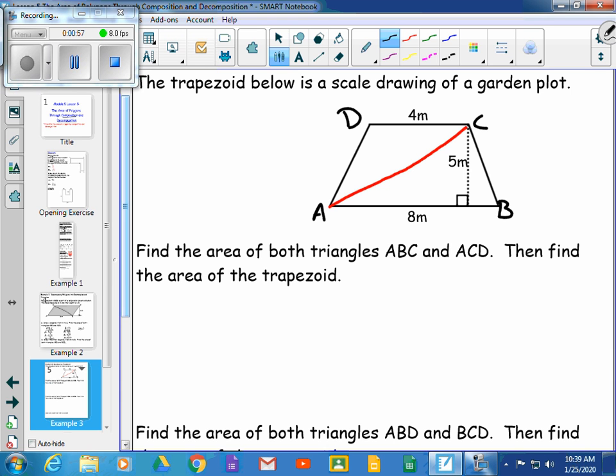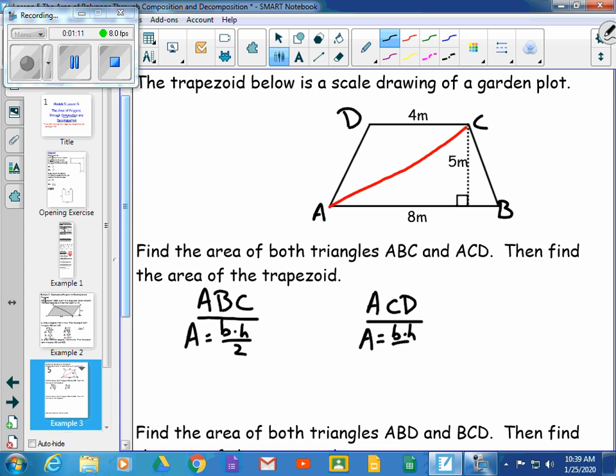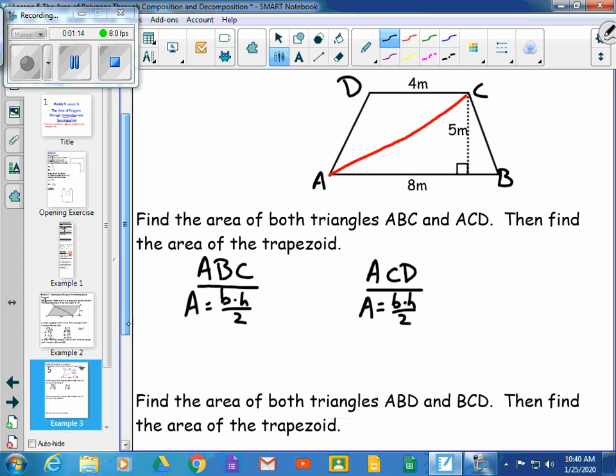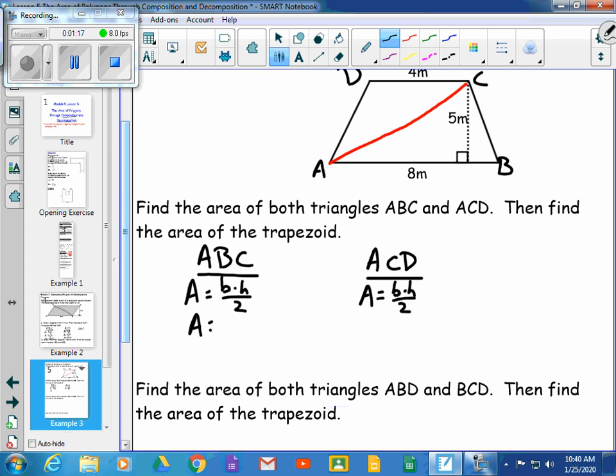So I'm going to start with triangle ABC here, and then I'll do triangle ACD. For both of them, I'm going to be using base times height divided by 2. So I next need to plug in my dimensions for triangle ABC.